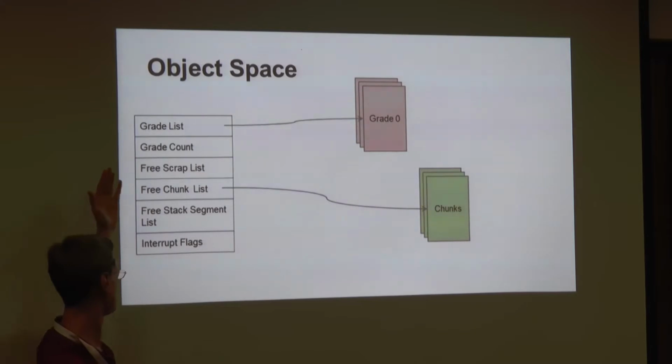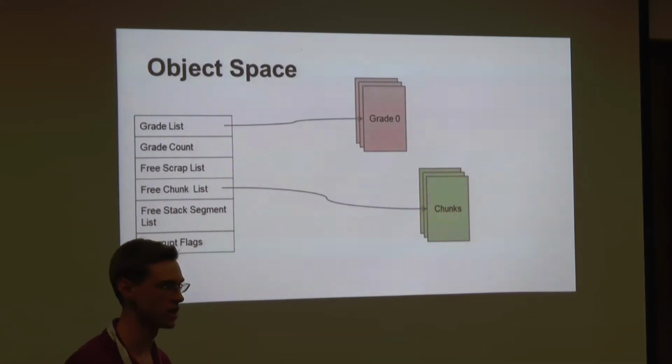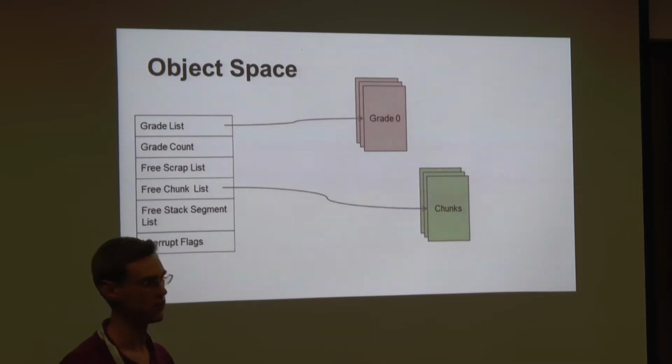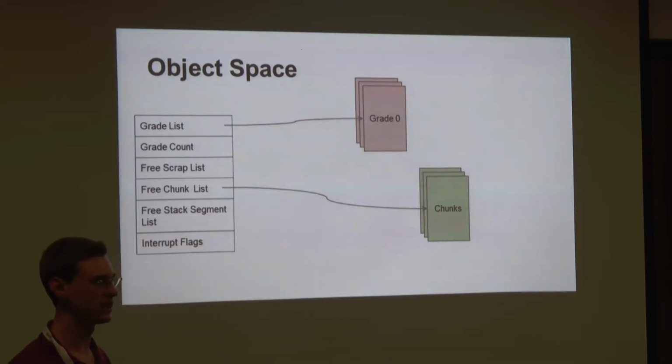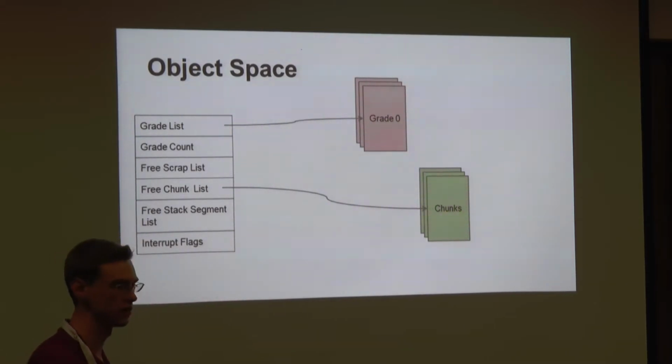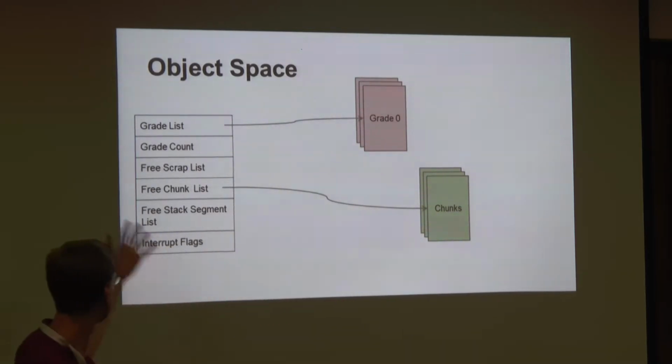We have a list of free scraps, so if we ever need a scrap for a big object header, we just pull it off of this. If we're done with the big object header or some sort of scrap, we put it back onto the list. These serve as a quick way to get these, because often we're creating a bunch of them, releasing them, and creating and releasing them again. This prevents us from having to reallocate a bunch of memory. And free chunks serve the same purpose.